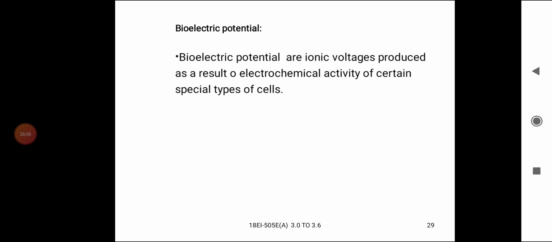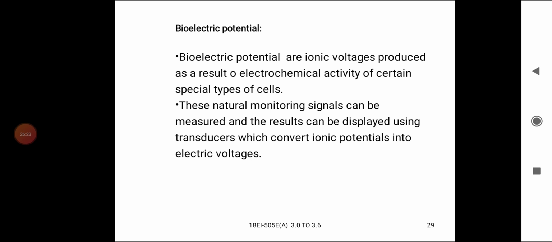Bioelectric potentials. Bioelectric potentials are ionic voltages produced as a result of electrochemical activity of certain special types of cells.